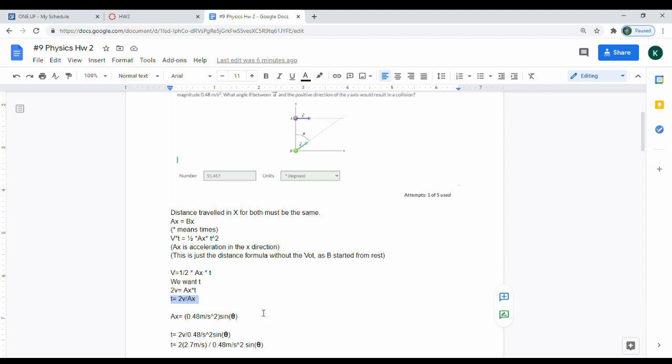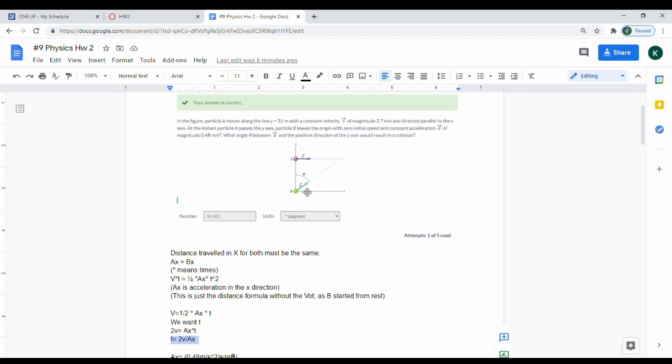Why sine theta? We know the total magnitude of the acceleration in this direction is 0.48 meters per second squared, and we want the x direction. This is the x direction up here, and it happens to be opposite the angle. What's opposite over the hypotenuse?